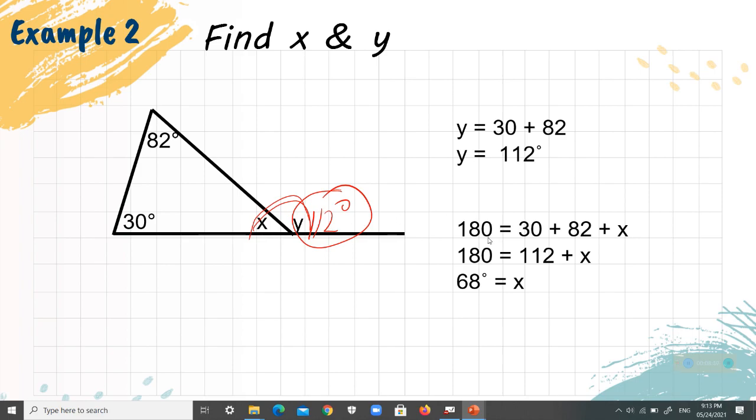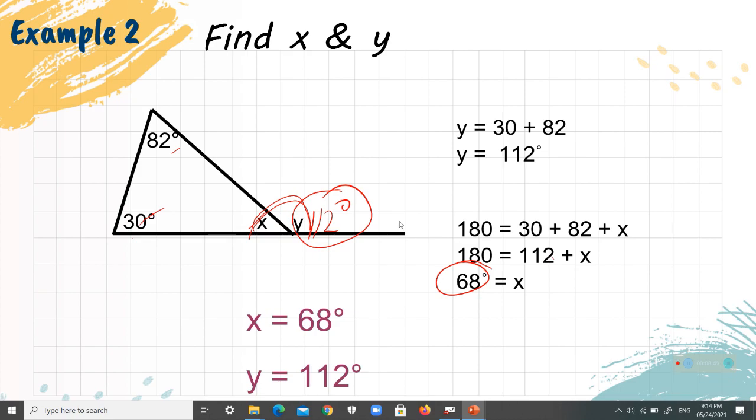Or simply, 180 is equal to 30 plus 82 plus x, because you can also use the triangle. These three angles will be equal to 180. By the addition property of equality, you obtain 180 minus 112 is equal to x, which is equal to 68 degrees. So again, our x is 68 degrees and our y is 112 degrees.